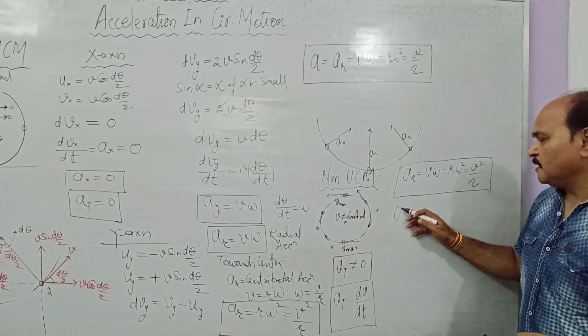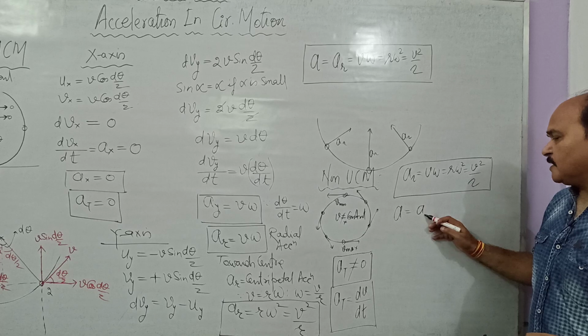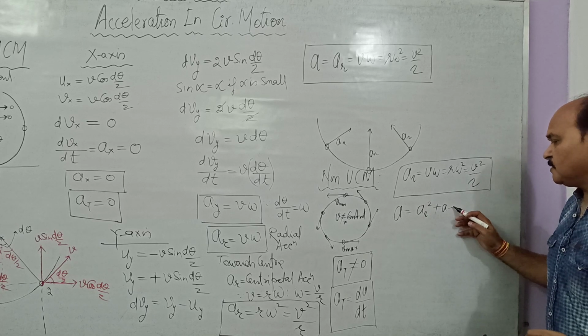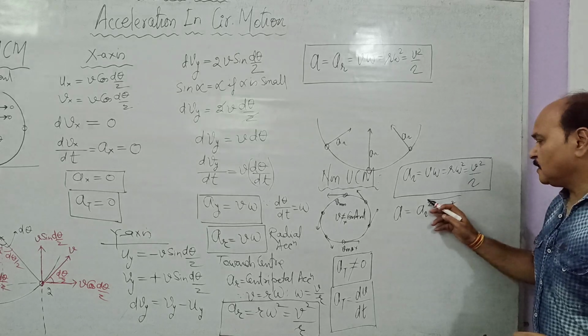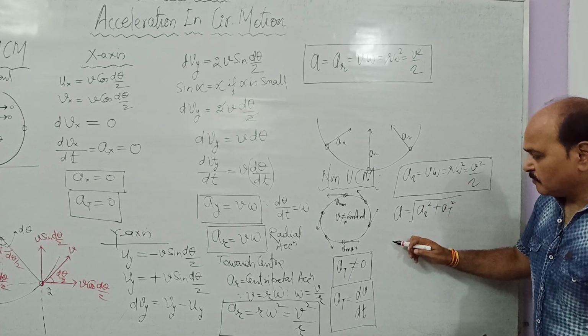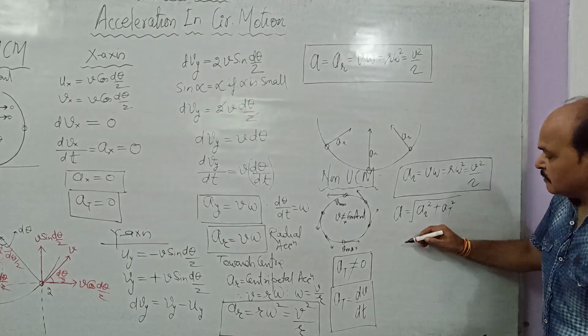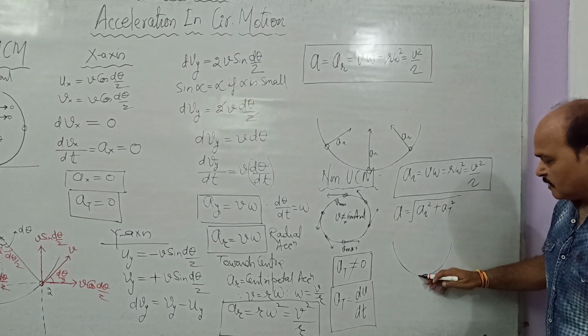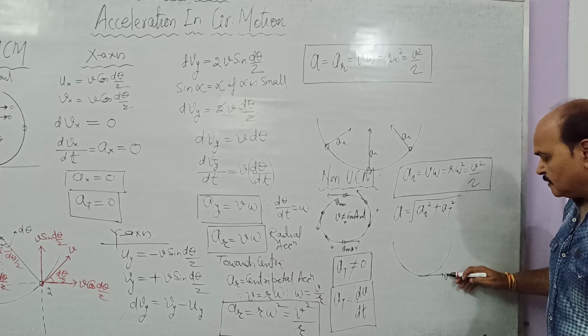What is net acceleration? Net acceleration is going to be the vector sum of both these perpendicular accelerations. One is AT, another is AR. So if this object is moving on circular path, non-uniform motion, then the tangential acceleration is like this, AT.